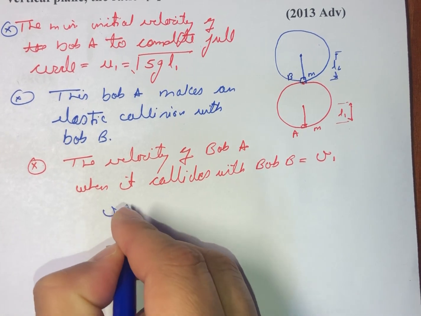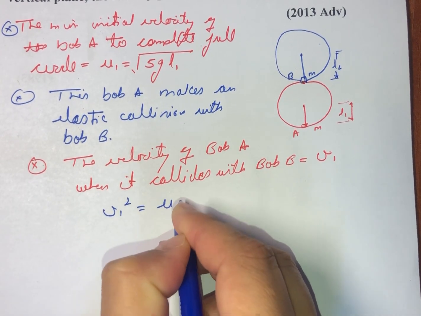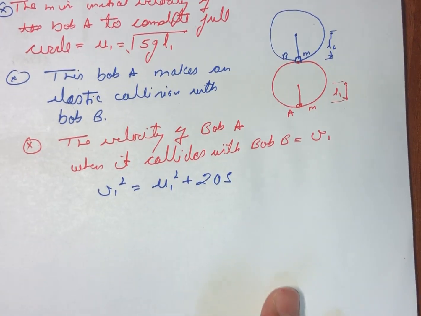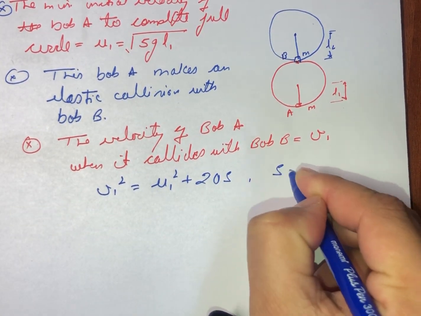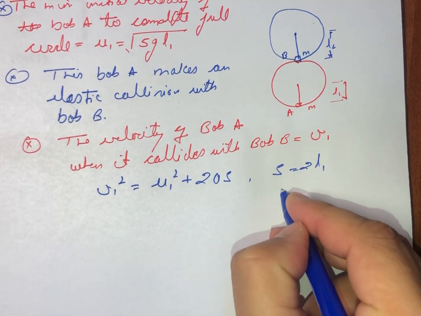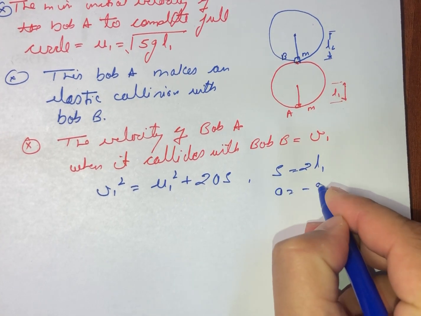We can say v1 squared is equal to u1 squared plus 2as, where s is the total distance, that is twice L1, and a will be equal to minus g.